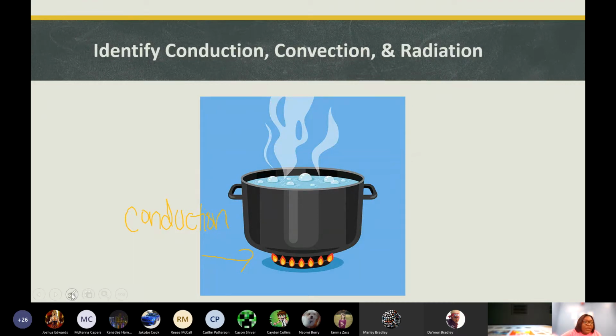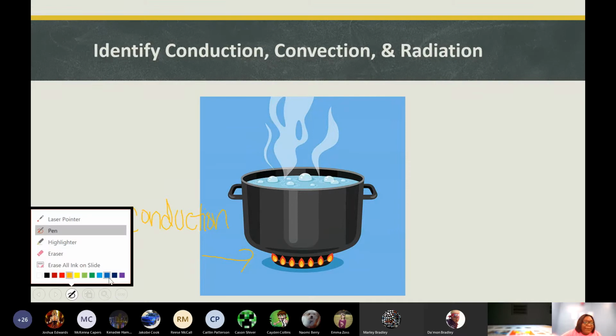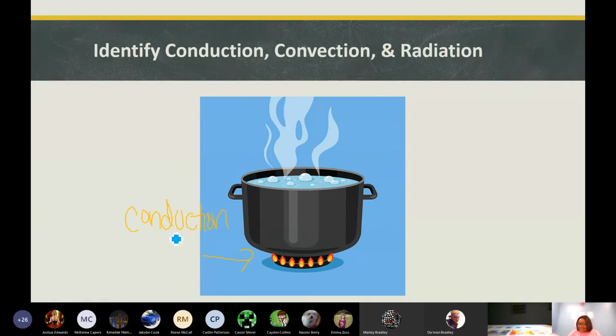So when we're talking about convection today, we want to remember that convection is happening inside that pot in the water. There it is. Okay, so that cold water is sinking, and that warm water is rising.